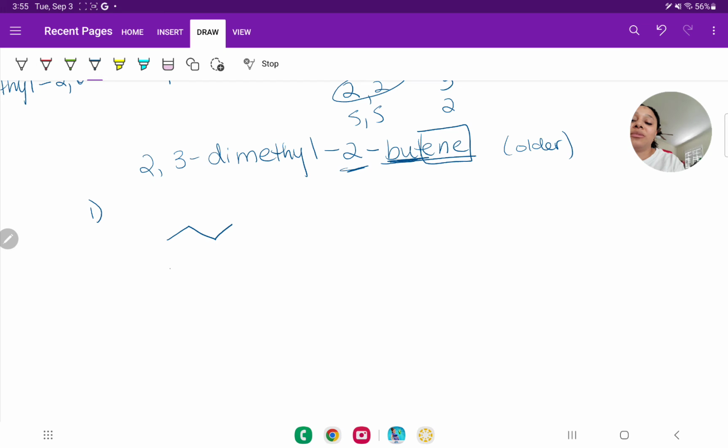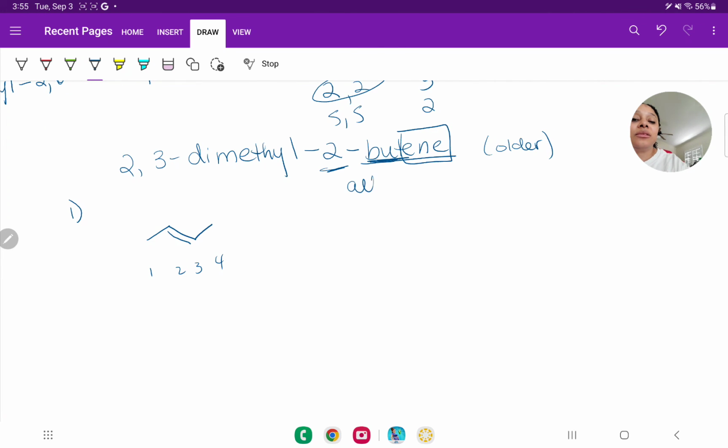So I'm just going to say this is 1, 2, 3, 4. If this is 2, my alkene starts here. Now it says on position 2, I'm going to put a methyl. So I just go ahead and put a methyl. On position 3, I put a methyl. So that's the answer to that question.